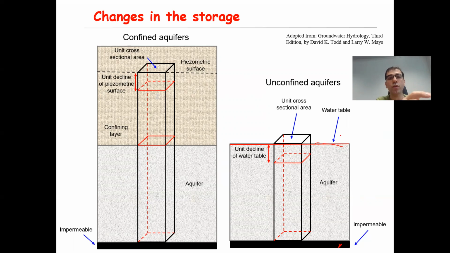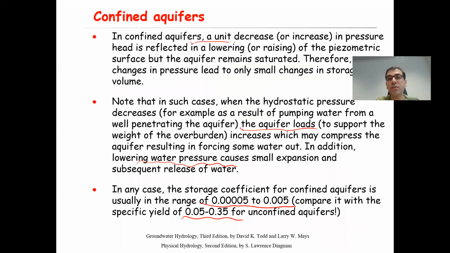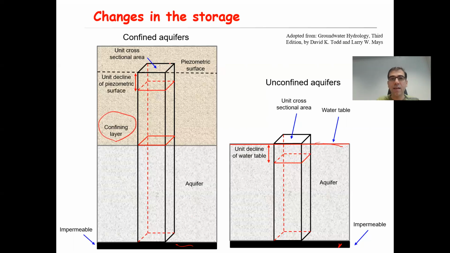But for the confined aquifer, you have an impermeable region here, and then this is the aquifer, the saturated area. You see this gray part. So this gray area is the saturated aquifer, which is bounded at the top by a confining layer. You can make a well here, and as I mentioned, the unit decrease in pressure is reflected in a lowering of the piezometric surface, and that is what you see here.